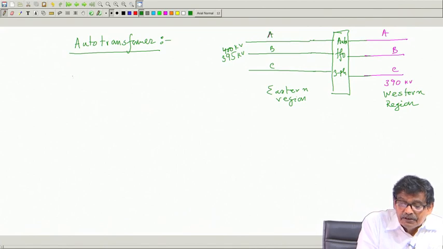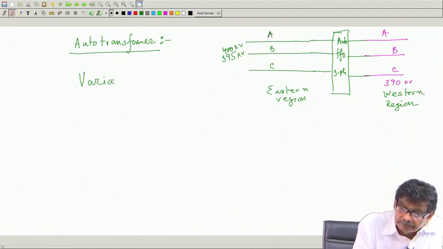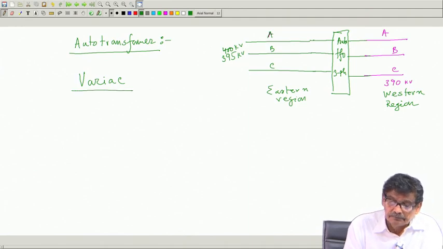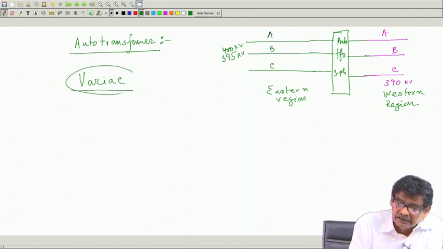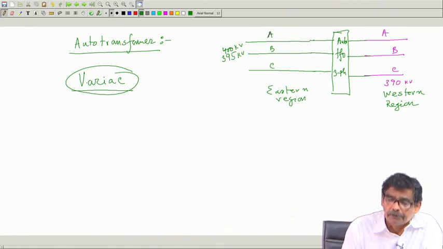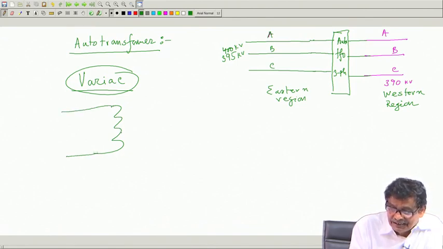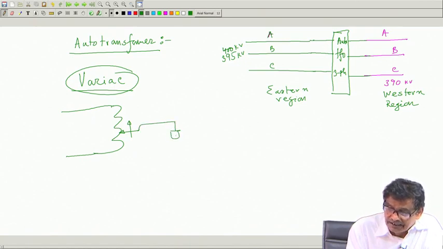Now, another thing you have used in the laboratory is called a variac. In the laboratory you must have used it to carry out experiments. It is drawn like this, and this tapping point you can move and adjust to anywhere you like, and you can supply your load at various levels of voltage.